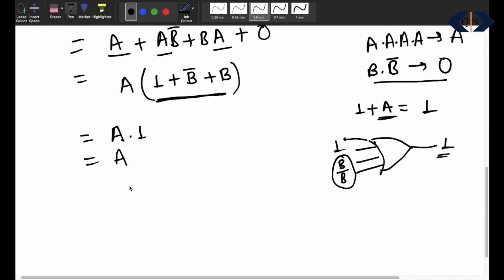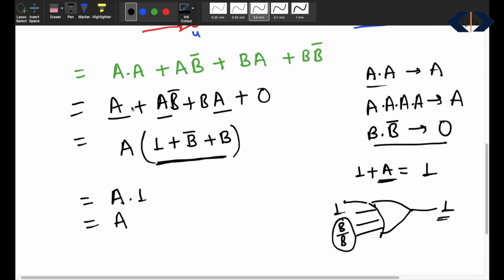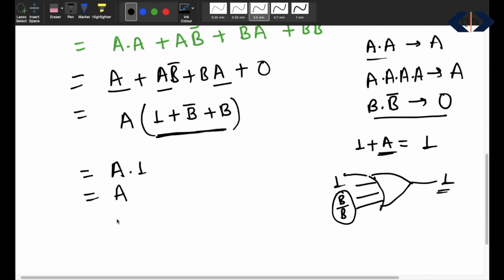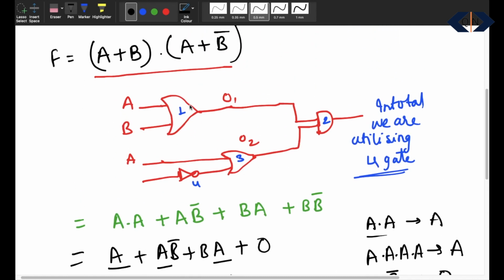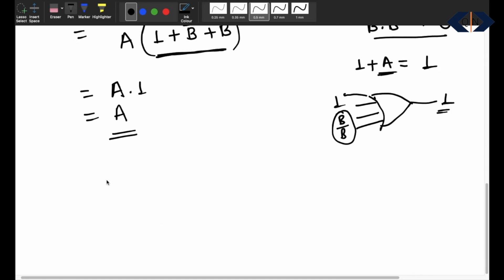So from here we understood that whatever will be the input of A or B, our resultant output will always be A. So we don't need any of these gates because it is simple. If you are feeding A as input, you will be getting A as output. So how many gates are required to perform this logic? We required 0 gates.